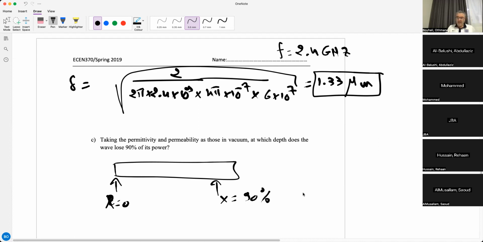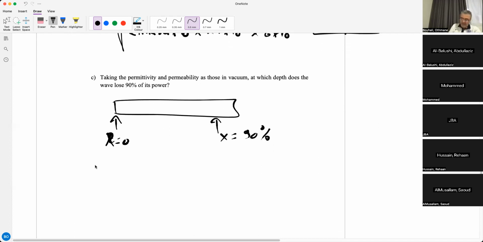If I have P0 here, here I will call it P90, it will be equal to E0 exponential minus Z divided by delta, the skin depth, all right?